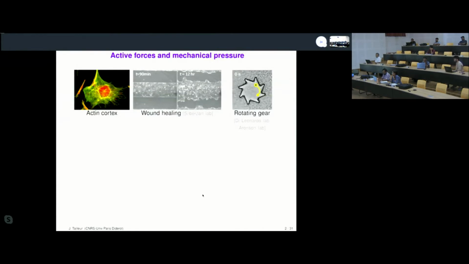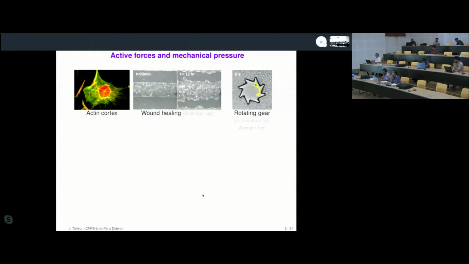Now, if you want to understand the motion of the cell, you have to be able to understand the statistics of the forces it's exerting on the substrate, the mean force which is exerted, the fluctuations around it, and that means characterizing the statistics of the forces that the active medium, which is the actin cortex, is exerting on its surroundings.